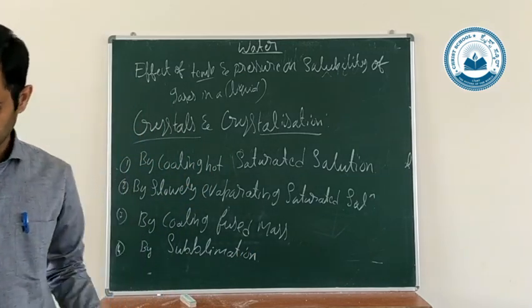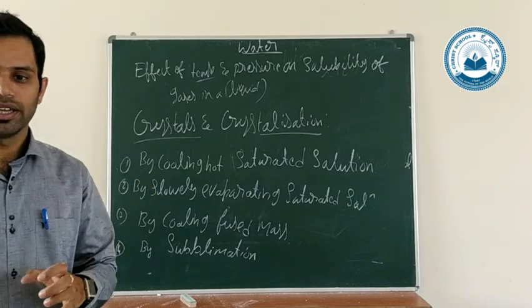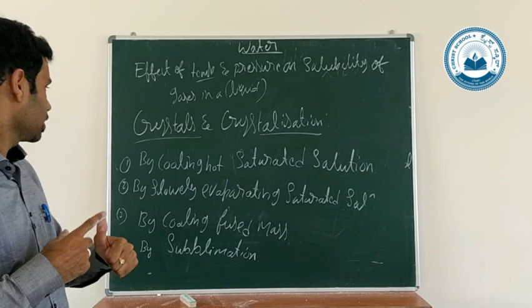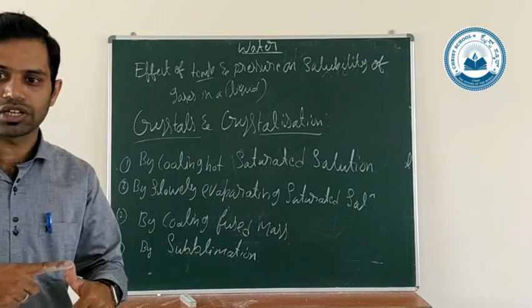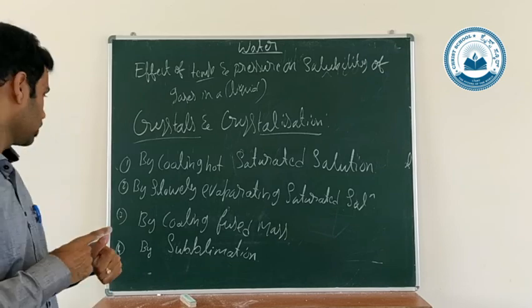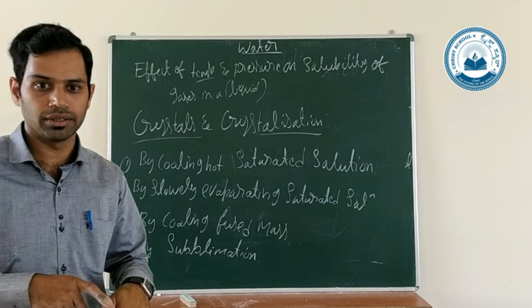These are the four methods to prepare crystals in the laboratory. The first method is cooling the hot saturated solution, the second is slowly evaporating the saturated solution, the third is cooling the fused mass, and the fourth is sublimation.